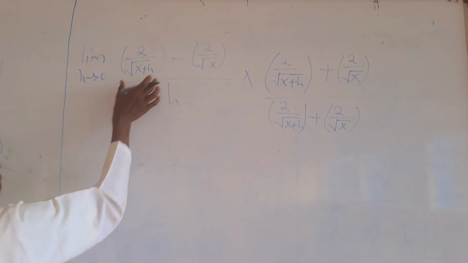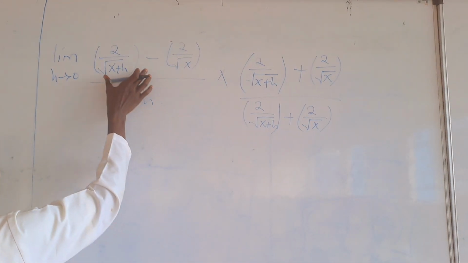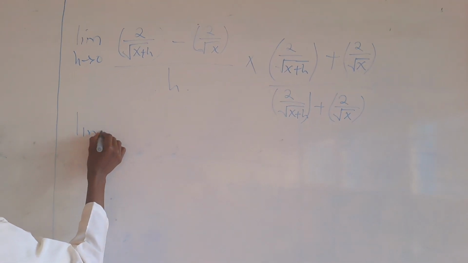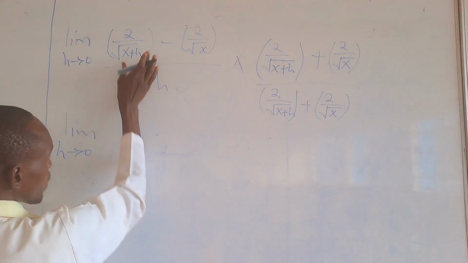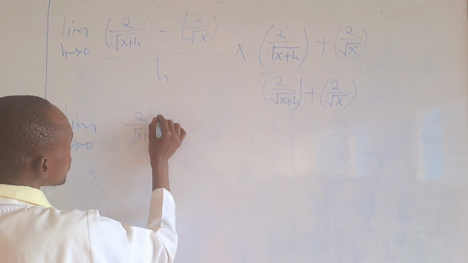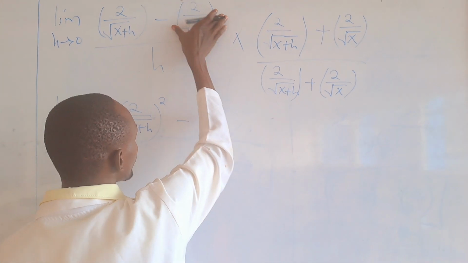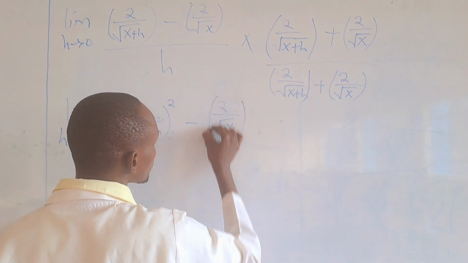Now, let's open the brackets by multiplication. If we multiply this times this, it is just the same as writing the limit as h tends to 0 of 2 over root of x plus h, squared, minus 2 over root of x, squared.